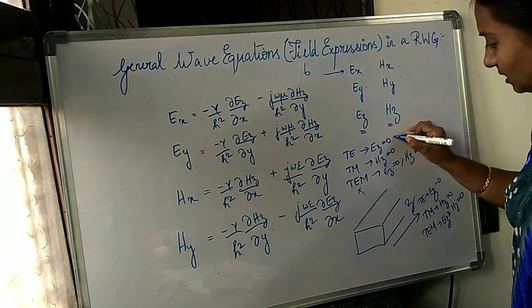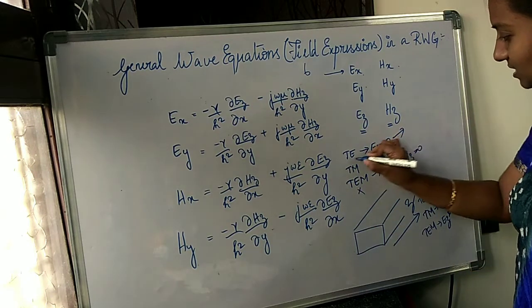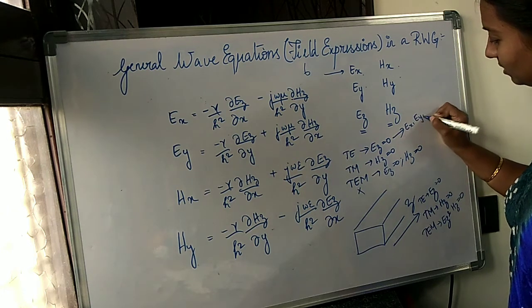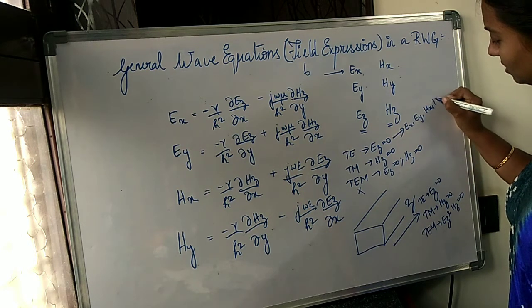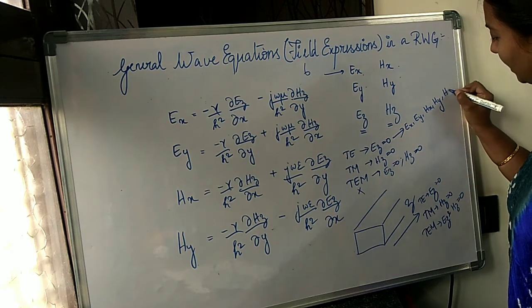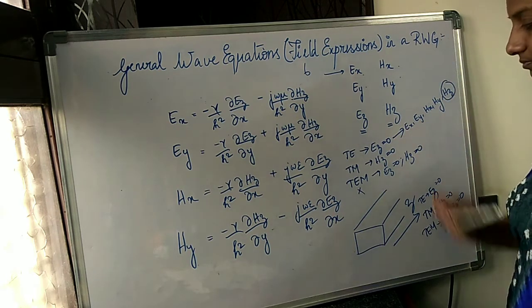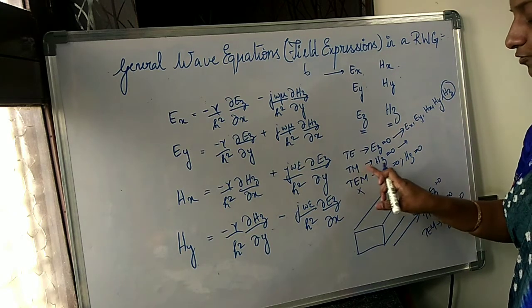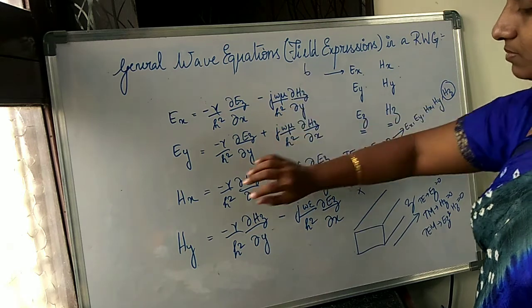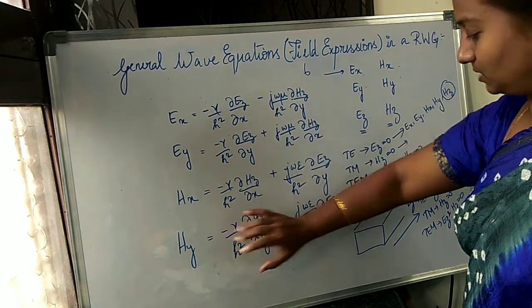What are the other components present for TE? Ex, Ey, Hx, Hy. Ez is 0, so I will have Hz. For TM, Hz is 0, so now this term becomes 0, this term becomes 0, this becomes 0, and this becomes 0.